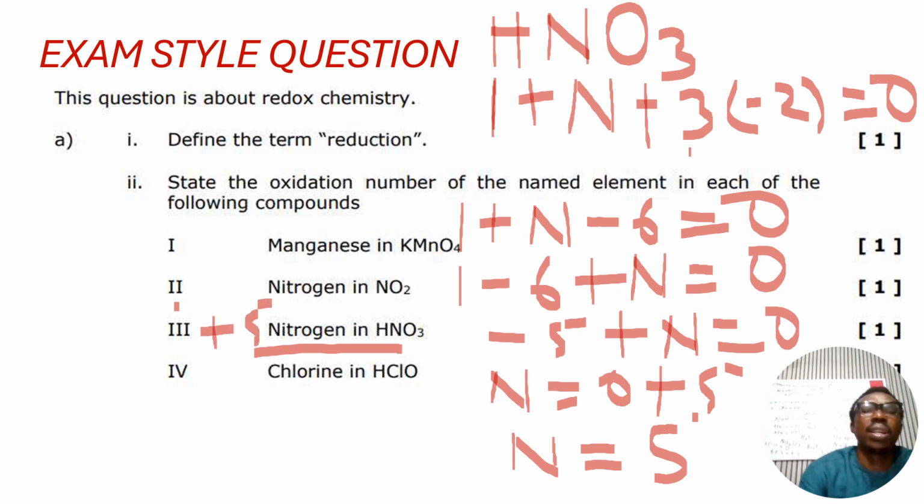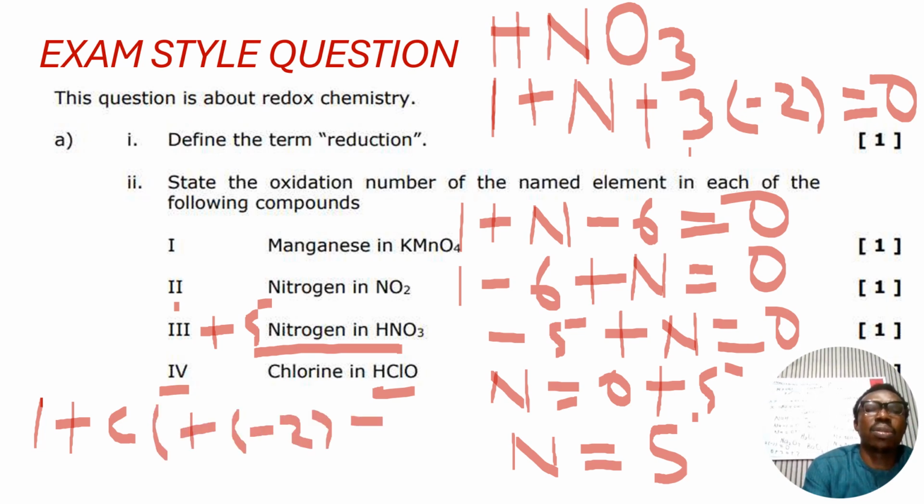So the oxidation number of nitrogen in nitric acid is plus 5. Then V, you have to calculate the oxidation number of chlorine in HClO. The oxidation number of hydrogen is 1, plus chlorine, plus (minus 2) is equal to 0. So 1 plus chlorine minus 2 equals 0.